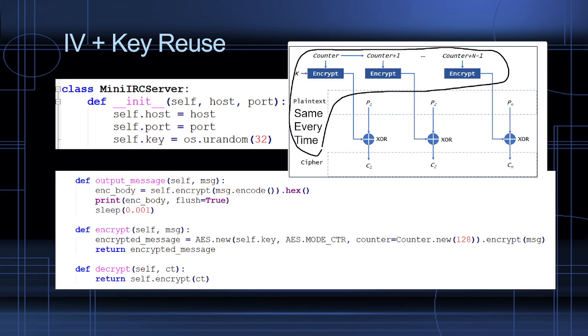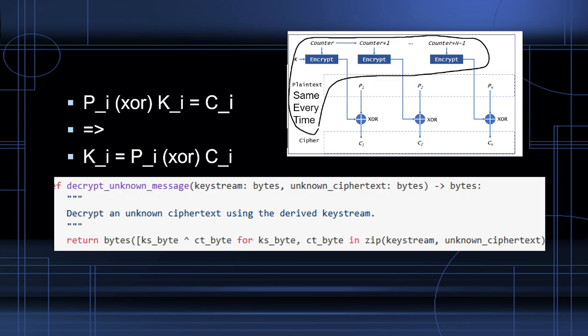The issue with this is that the key and the counter are the same for every message. And furthermore, the combination of the key and the counter is XORed with the plaintext to become the ciphertext. So if plaintext XOR the key stream is ciphertext, then plaintext XOR ciphertext is the key stream. And when we have the key stream, we can get the plaintext back.